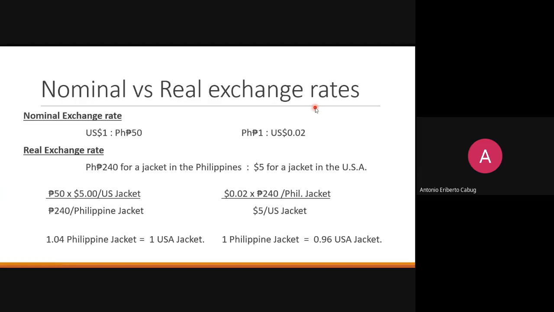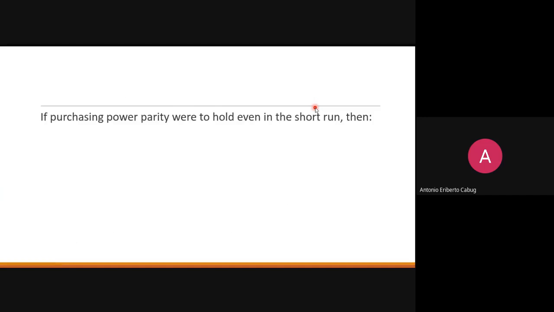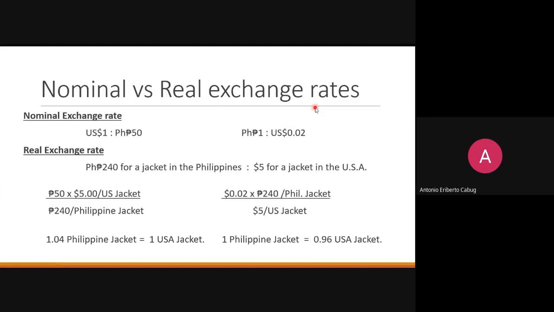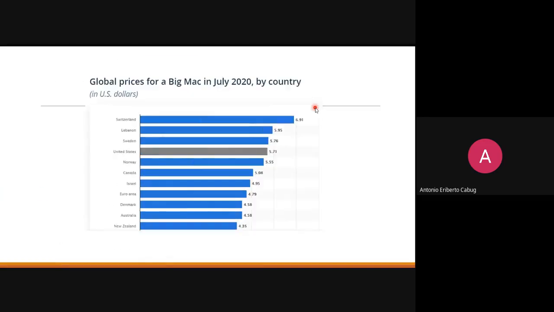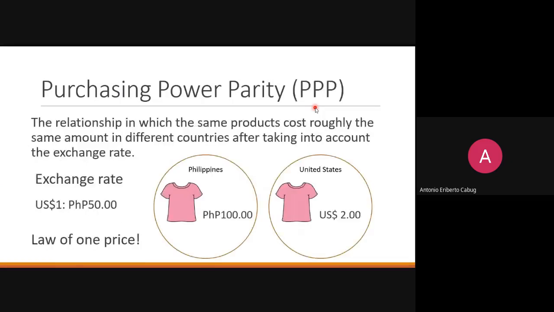Okay. Now, so far in our discussion, what I have discussed is the purchasing power parity in absolute terms. In purchasing power parity in absolute terms, there should be one price across different parts of the globe.